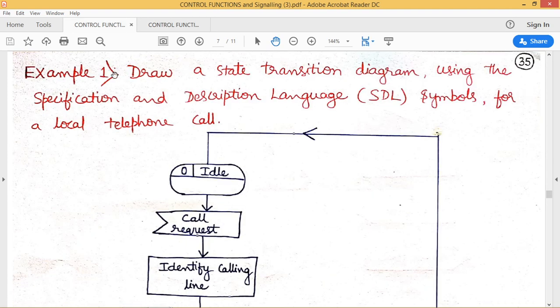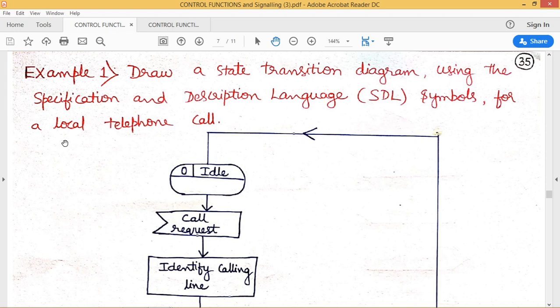So now let us consider an example in which we need to draw a state transition diagram using the specification and description language. Generally specification and description language is said as SDL language. That is SDL symbols for a local telephone call. So we know how a local telephone call will be established between end users, that is the calling person and the called person.